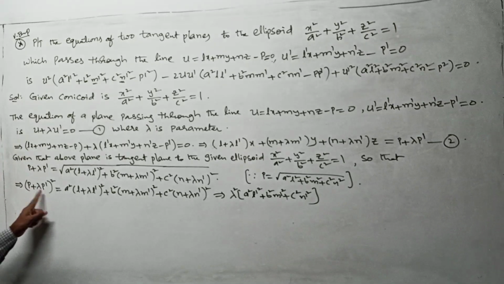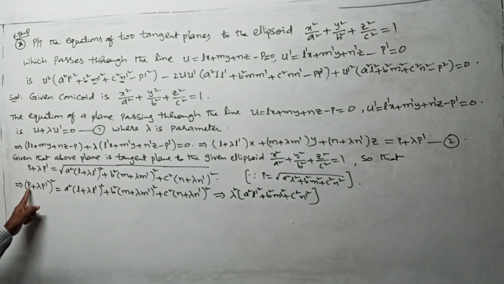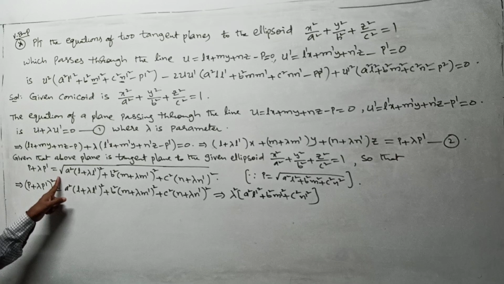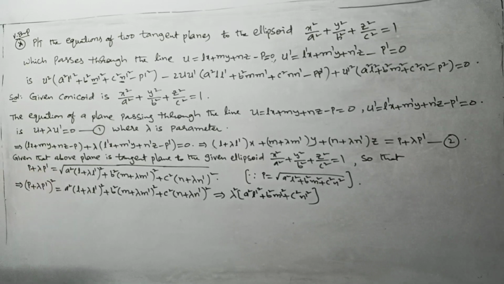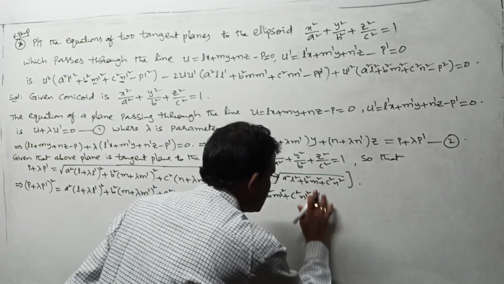Next, here also available. This I want to take on the other side. Expand this one according to a plus b whole square. Now take this lambda square term, it is P dash square. Here you can write directly minus P dash square.